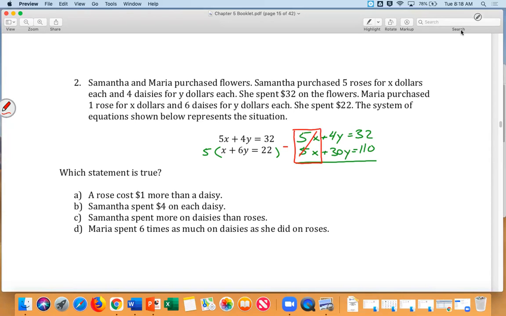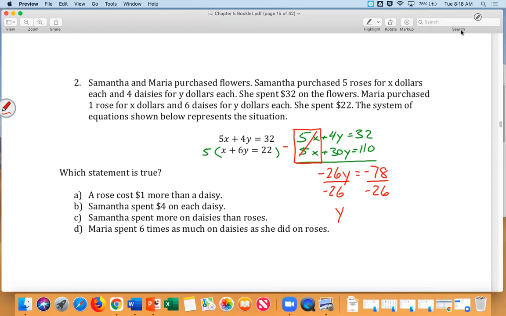So 4 minus 30 is negative 26. And then 110 minus 32, I'm kind of thinking that way in my brain so I can do it. So I kind of think of like 11 minus 3, that's like 8. So I'm thinking like 80, and then I take 2 more off. So I'm going to get negative 78, right? And then I divide by negative 26.